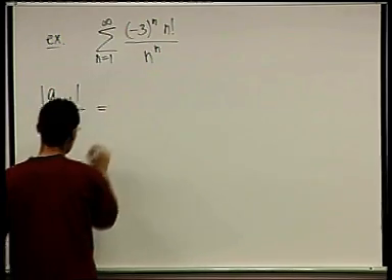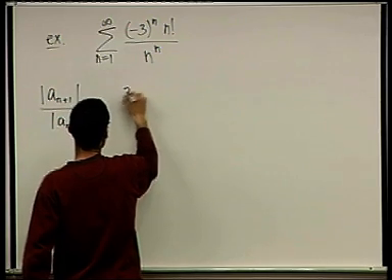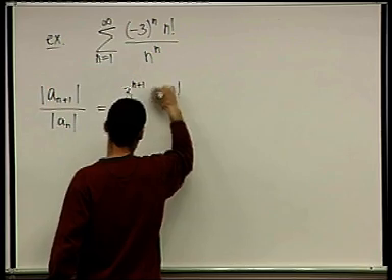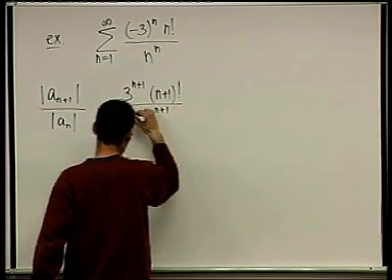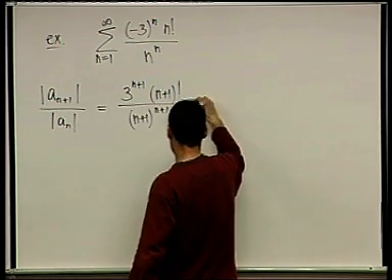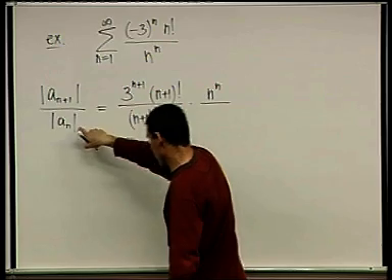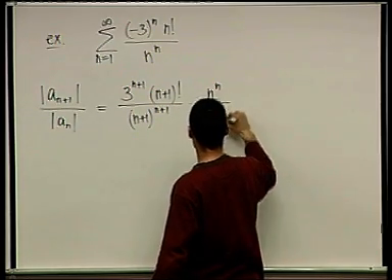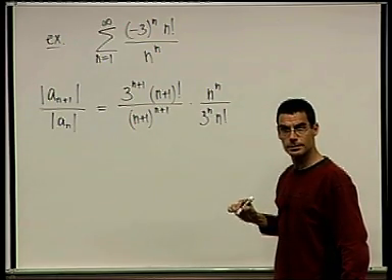So what I get is, oh boy, it's 3 to the n plus 1 times n plus 1 factorial divided by n plus 1 to the power n plus 1. And I'm multiplying by the reciprocal. We did that a few times. The reciprocal of a_n instead of dividing. So I get 3 to the n times n factorial over n to the n. Right? Everybody good? Say yes.